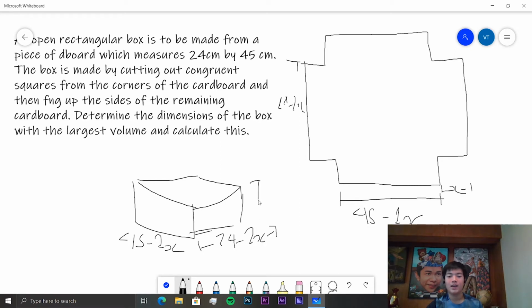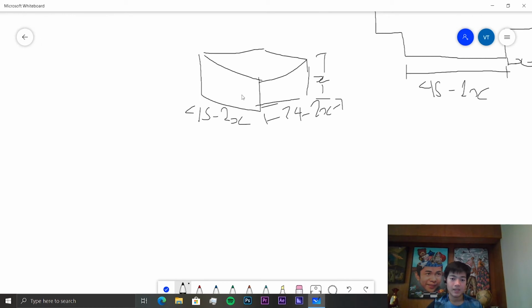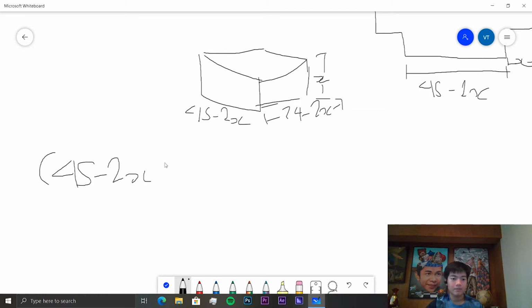And it will have a height of simply x. And so we now need to optimize the volume. So the volume is 45 minus 2x times 24 minus 2x times x.